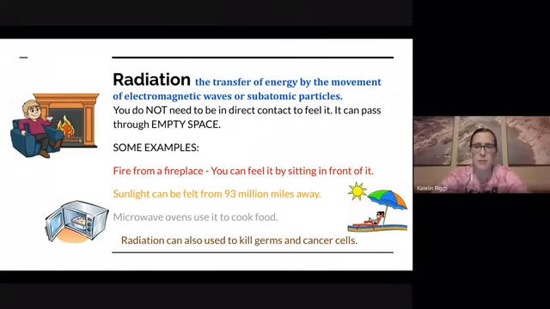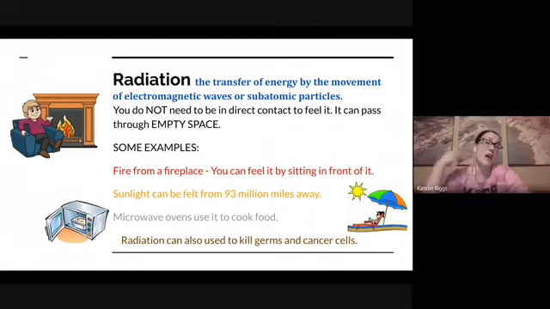Sunlight can be felt from 93 million miles away. Microwave ovens use it to cook food. It's a little bit different form. What we're talking about now is called infrared radiation. Microwaves are a little bit higher energy level than infrared, and once we talk about the electromagnetic spectrum, that'll become more clear.